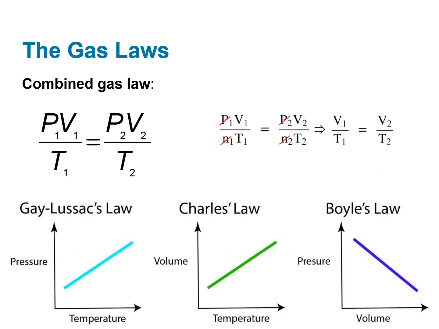Now, this is the combined gas law. So here we have different laws. Boyle's law says volume is inversely proportional to the pressure. Charles' law says volume is directly proportional to the temperature. This is Gay-Lussac's law relating the pressure and the temperature. And you can combine all these laws.